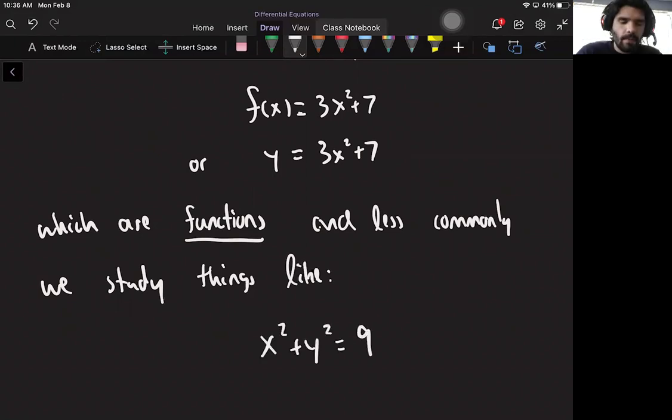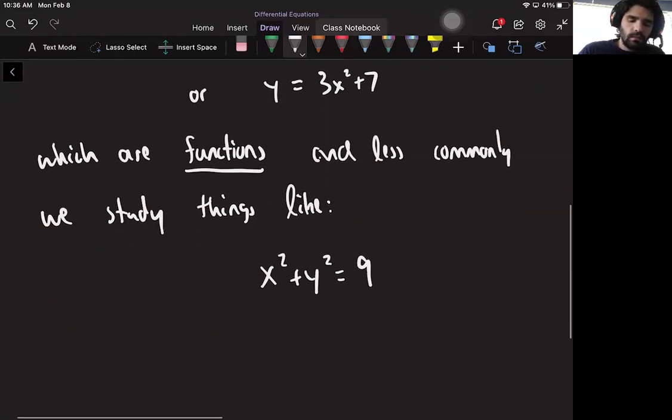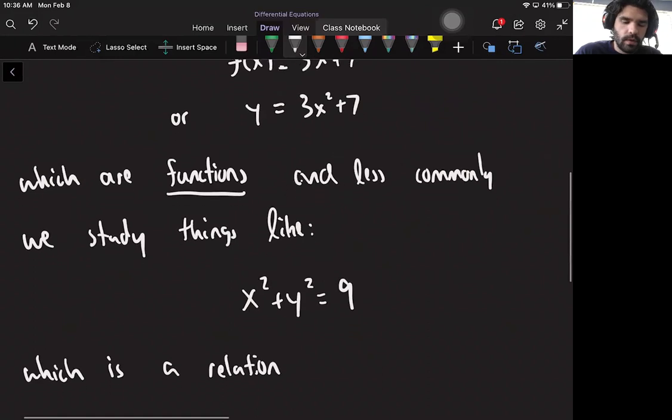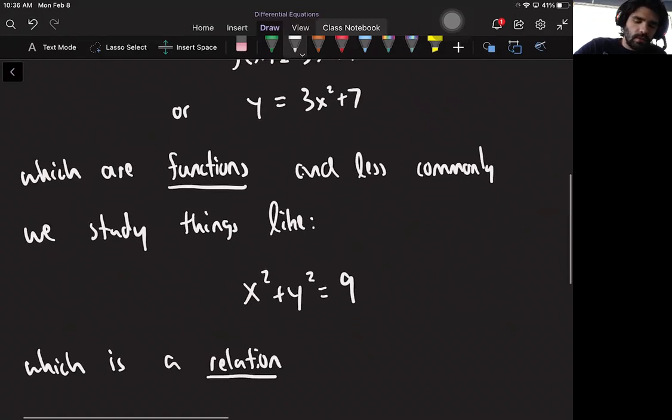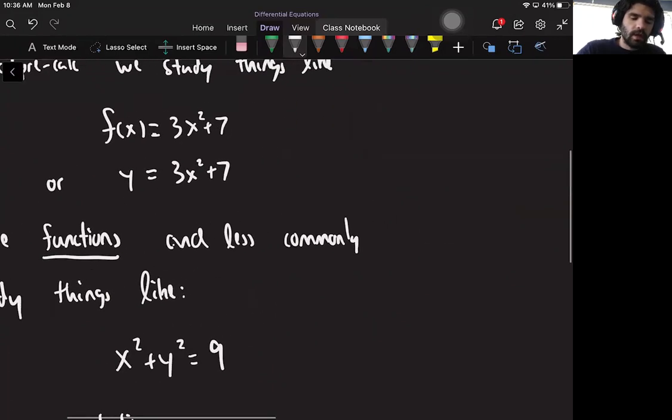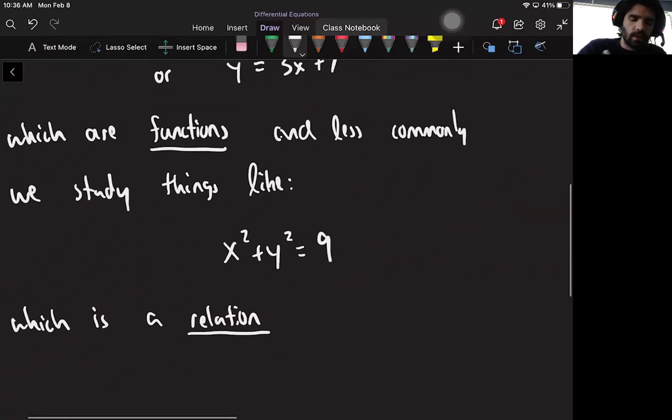This is not a function. It's a relation. But in both situations, what we do a lot is we graph things. Both of these have graphs that you can draw. I won't do that for now, but just keep that in mind.